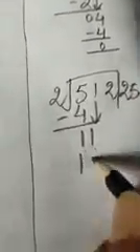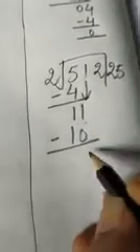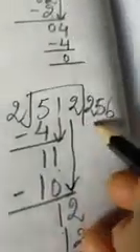Next digit is 1, now here is 11. 2 fives are 10. After subtraction we will get 1. Then next digit is 2. It has become now 12. 2 sixes are 12. So what quotient did we get? 256. So here we will write 256.